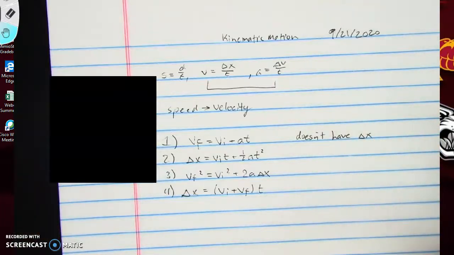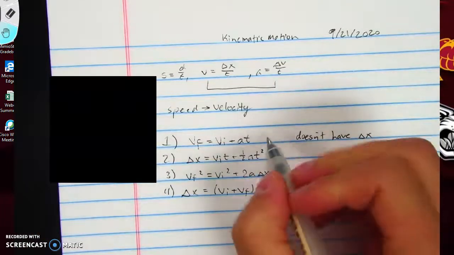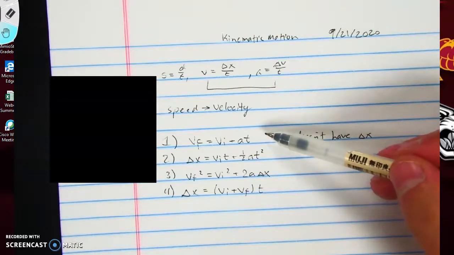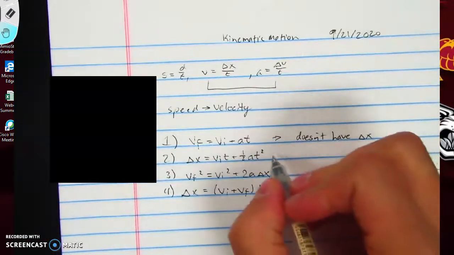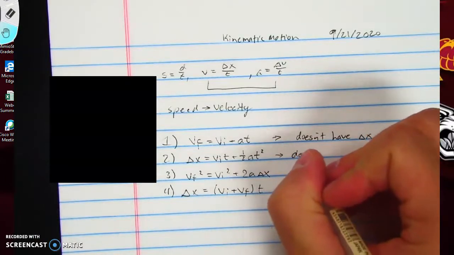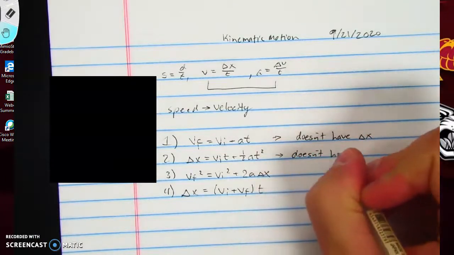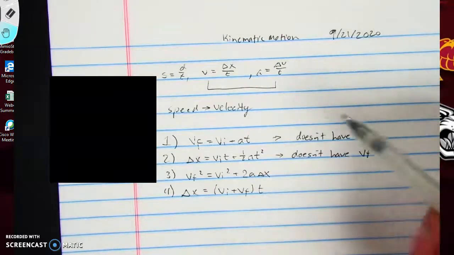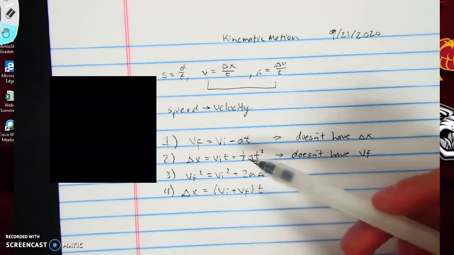So if you're looking to find displacement, you probably aren't going to use this equation. This next one doesn't have V final. So if you're trying to figure out how fast something's going after a certain amount of time, that's not this one.